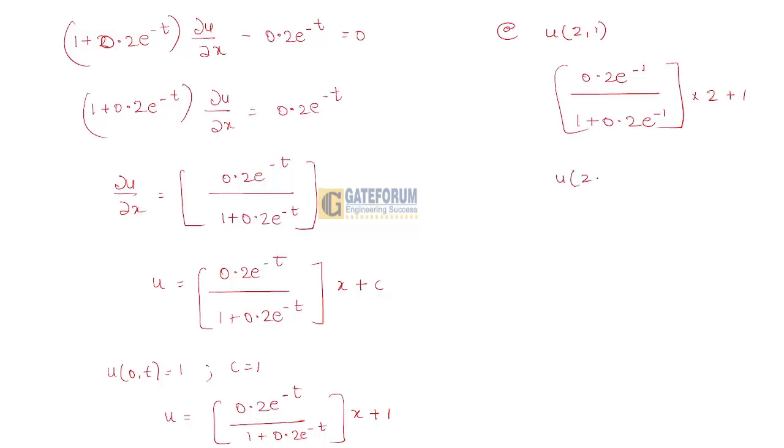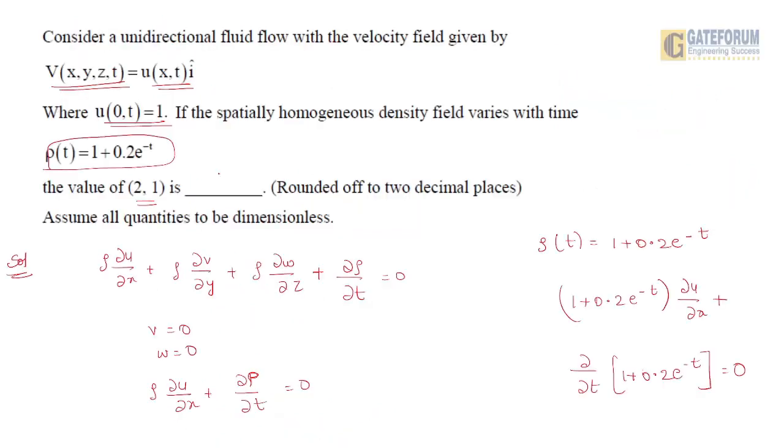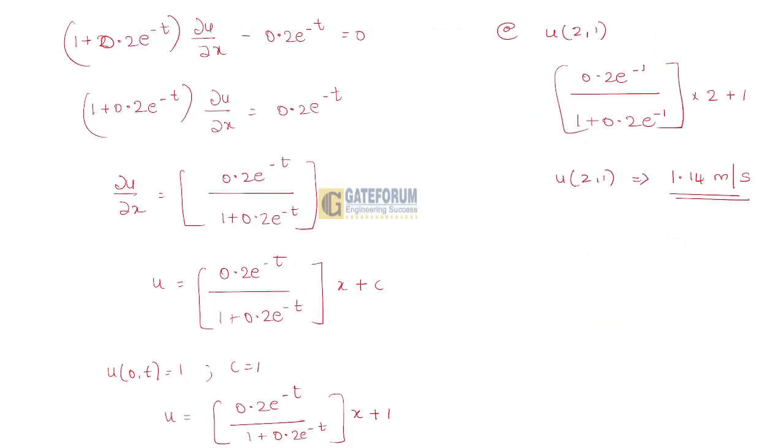So u of 2 comma 1 will be 1.14 meter per second when you solve the above equation. When you round it off, it will be 1.14 meter per second. This will be the answer for the given question.